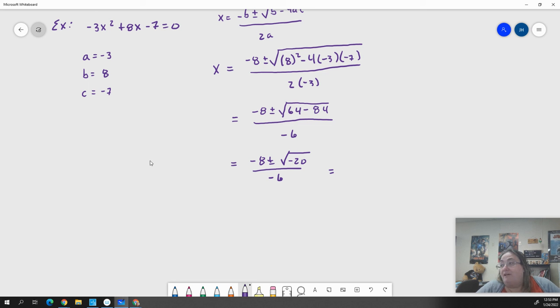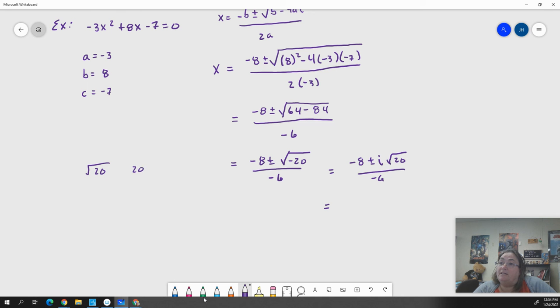If we have a negative under the square root, we can just pull it out as an I. Remember? So I could rewrite this as -8 plus or minus I times the square root of 20 over -6. Do you remember that? Now, the issue with this is we still have to break up that square root of 20, right?